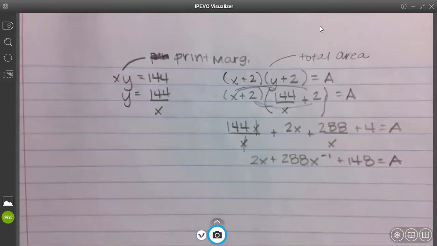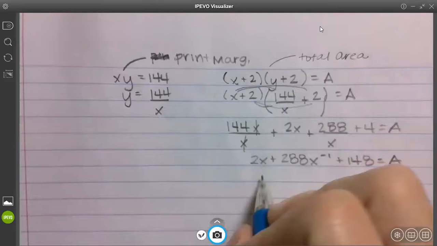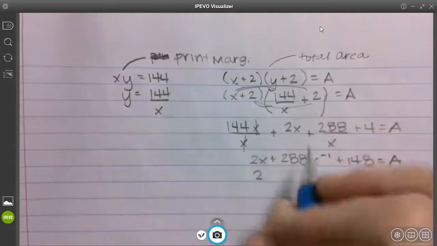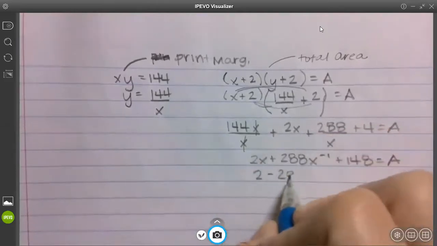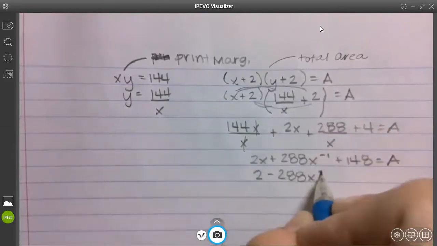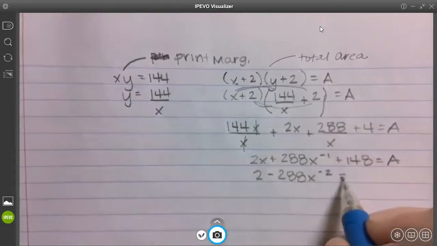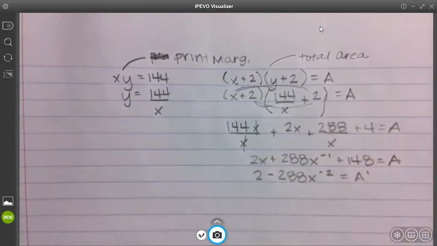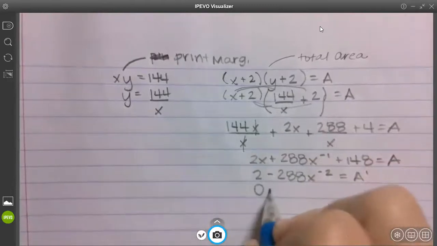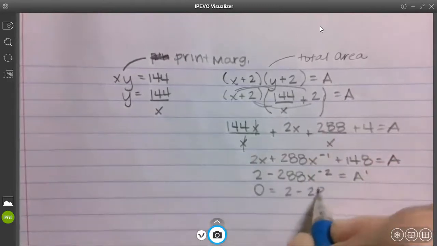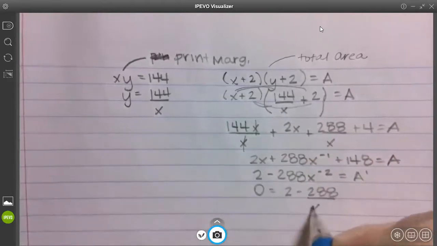All right. We're going to find the derivative. So we get 2 minus 288x to the negative 2. We're going to set our derivative equal to 0. And I'm going to change this back to x squared.